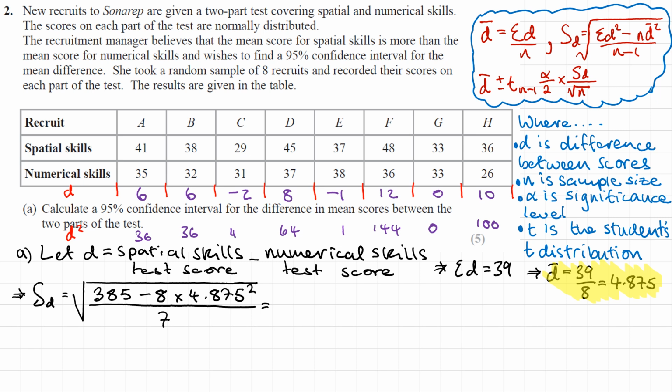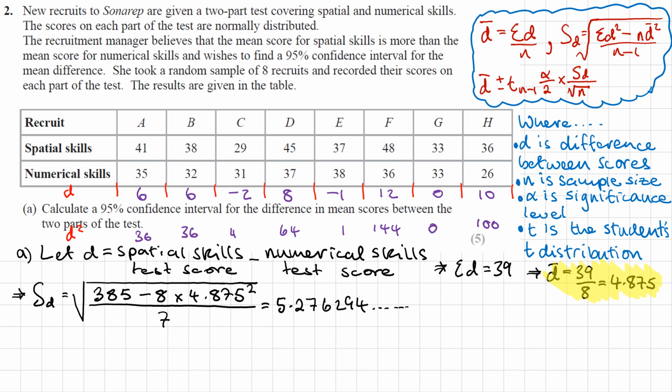Now I've already worked this out, and I get 5.276294 and so on. When I come to use this in the formula here for these confidence limits that I can use for the confidence interval, I'm going to use the answer button for this value here to get it as exact as possible. Okay, let's put what we've got into this formula then.